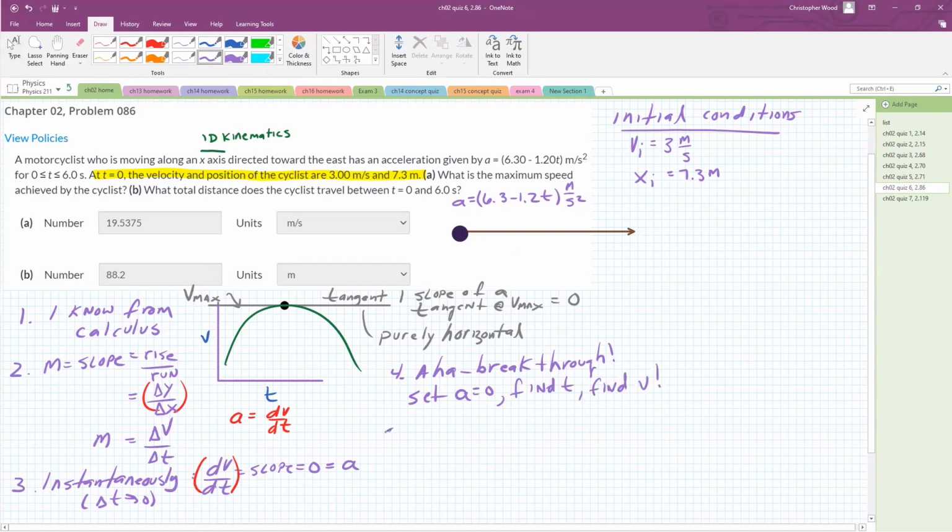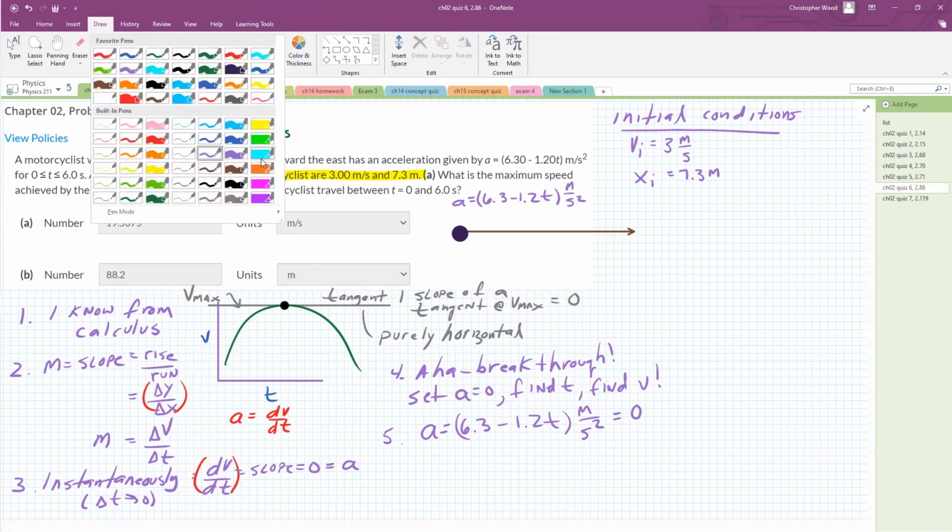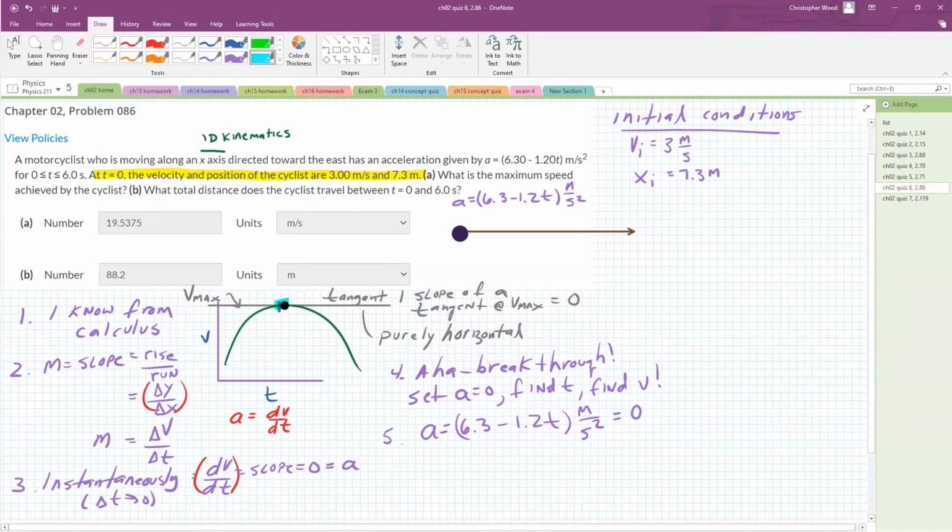That's the game plan. So number 5, here's acceleration. Acceleration equals 6.3 minus 1.2t, collectively meters per second squared. And set it equal to 0. So when is the acceleration equal to 0? The acceleration equals 0 right here.